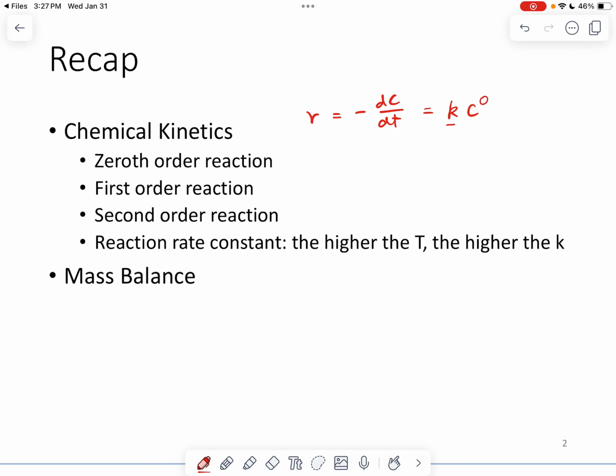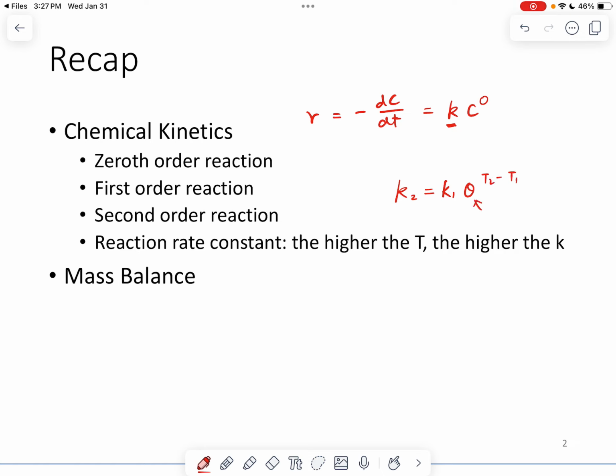And we also discussed the reaction rate constant. The reaction rate constant is basically a constant value at a certain temperature. And we mentioned that the higher the temperature, the larger the reaction rate constant, which means the reaction is going to happen faster. We also introduced the simplified equation to calculate the reaction rate constant at any temperature: K2 equals K1 theta to the power of (T2 minus T1), right?